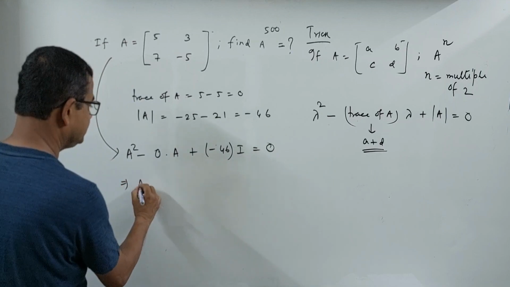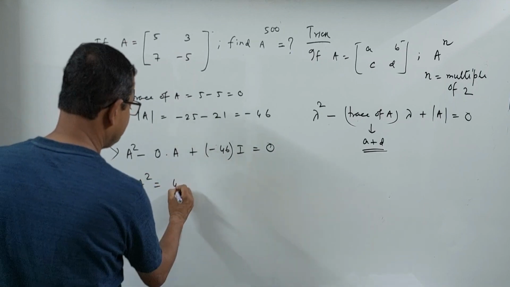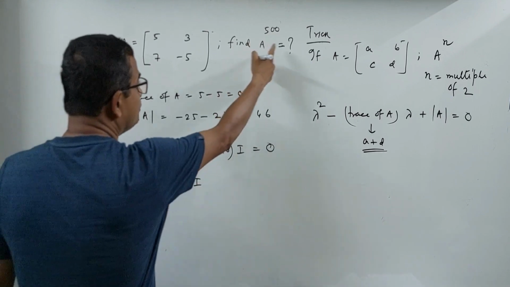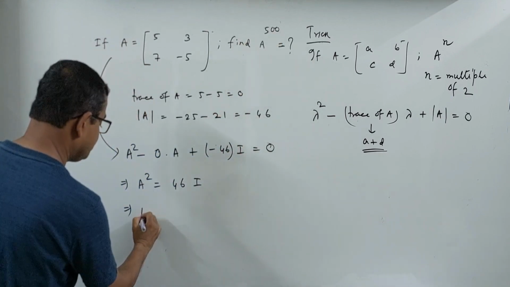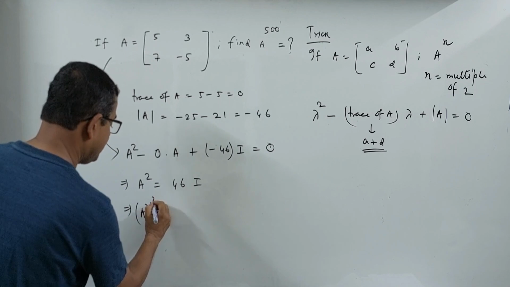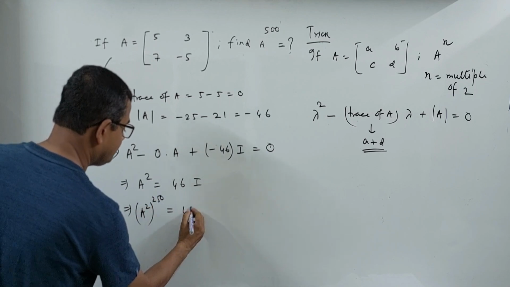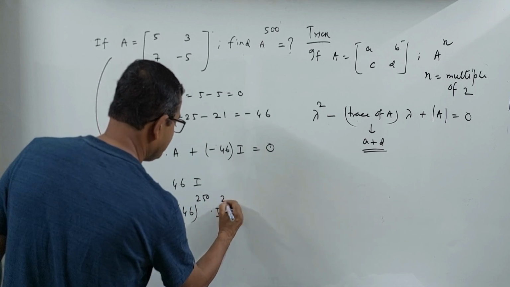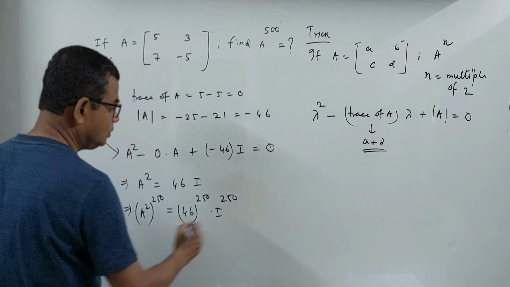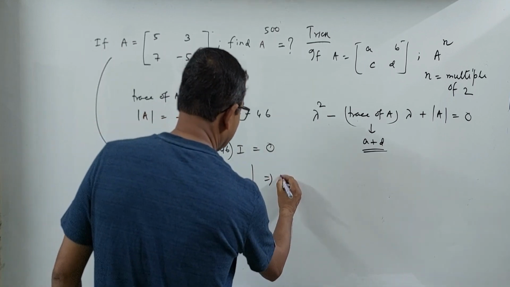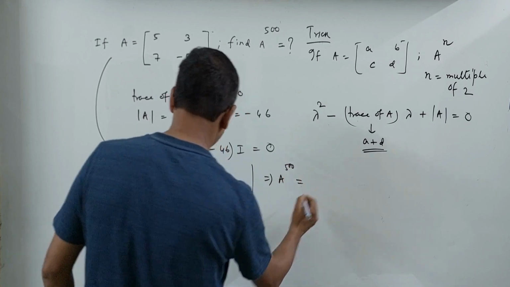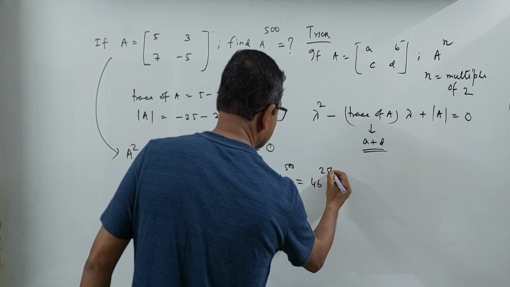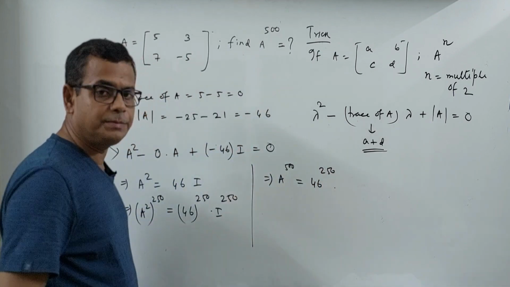So we get A square equal to 46 into I, and we have to find A to the power 500, so A square to the power 250 equal to 46 to the power 250 into I to the power 250. So we get A to the power 500 equal to 46 to the power 250 into I to the power 250, that is I.